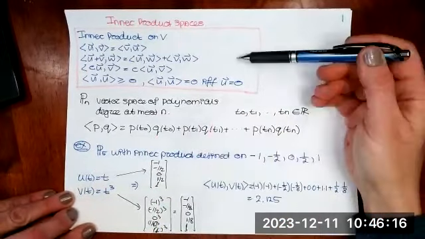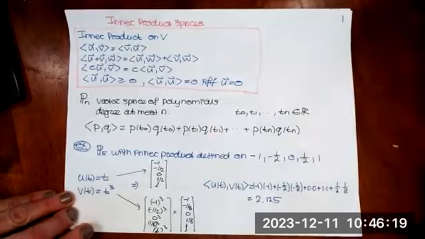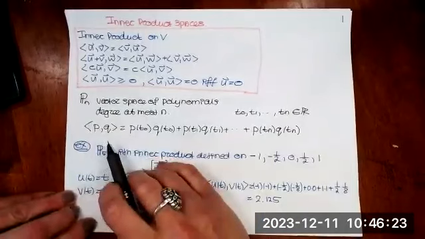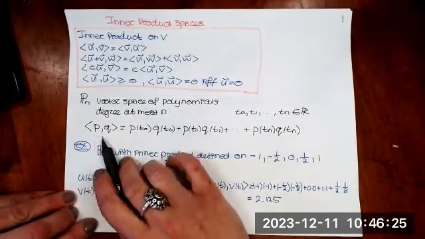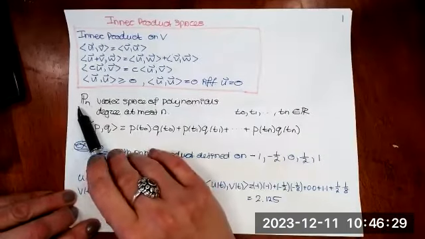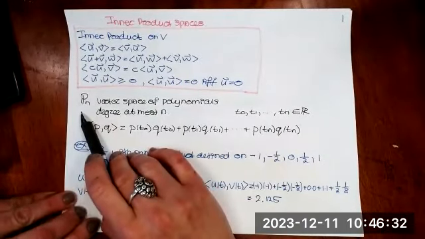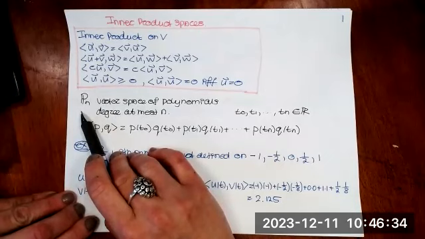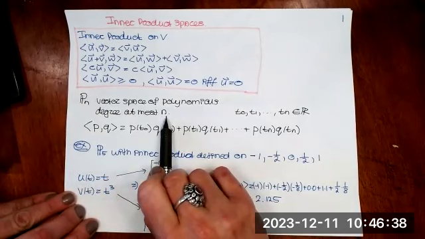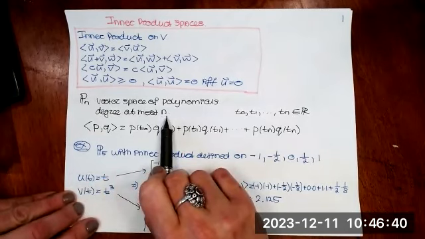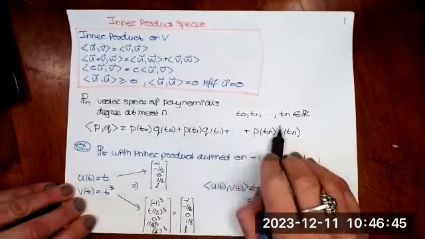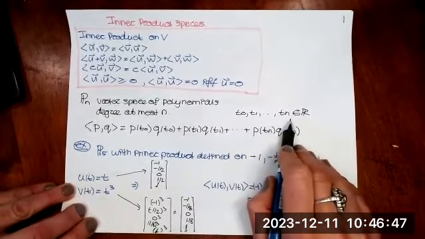With those conditions, you can generate a lot of different functions for inner products. The one we've used mostly in this chapter deals with polynomial spaces. If I have a vector space of polynomials of degree at most n, I can define an inner product on this space by evaluating polynomials at n plus 1 distinct real numbers.